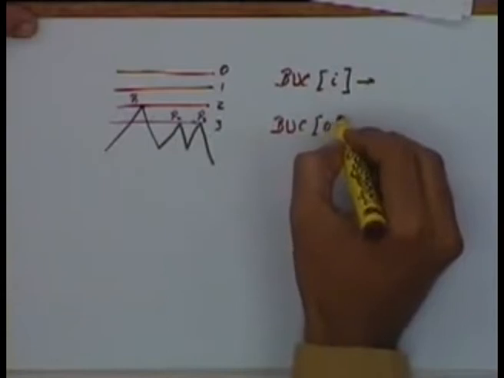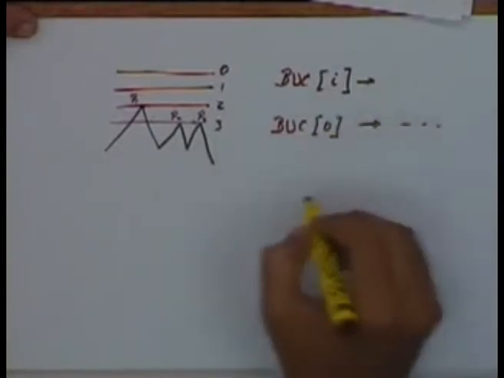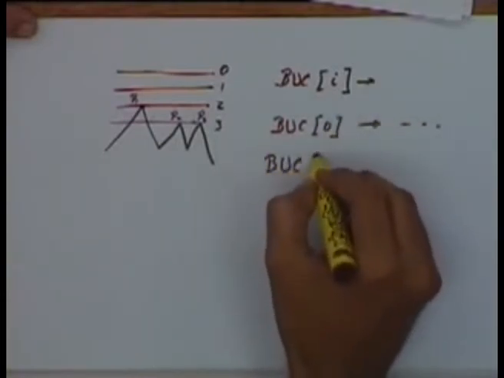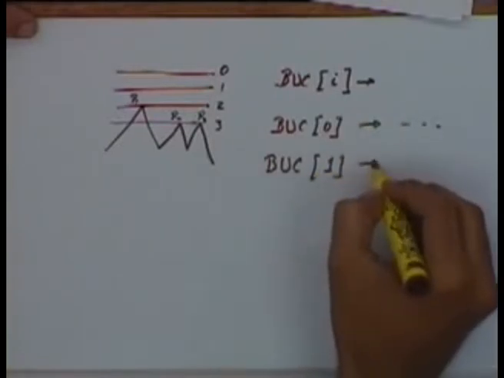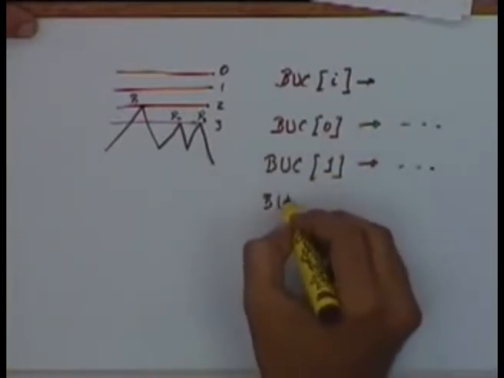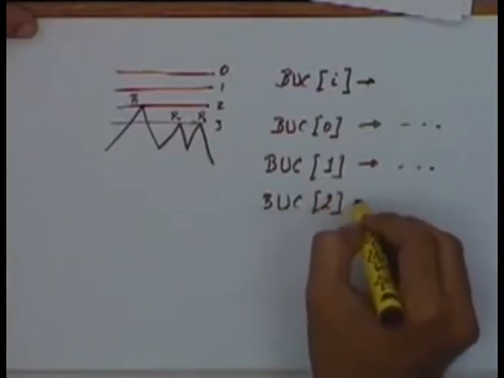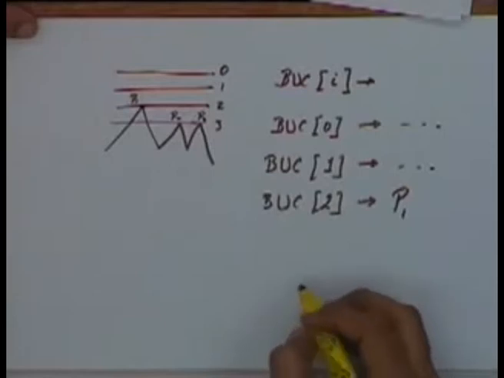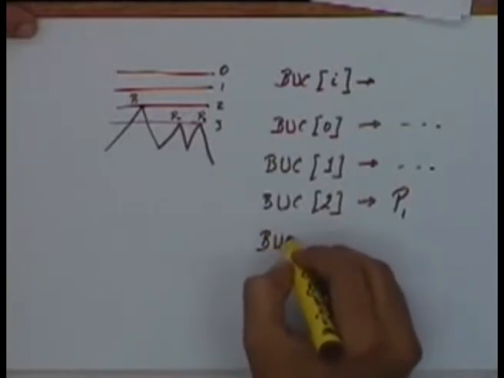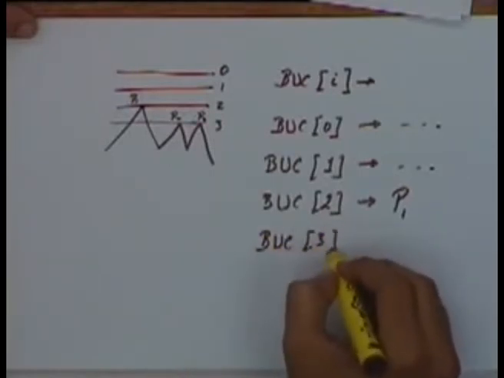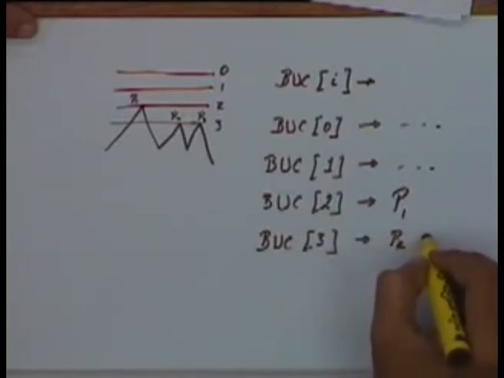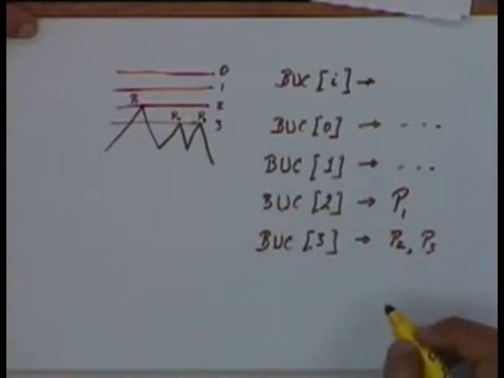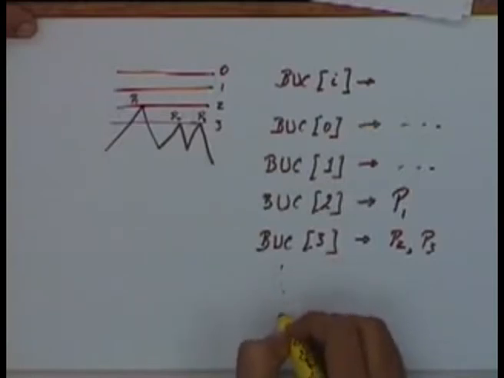What we want is bucket of 0 should be empty, bucket of 1 should also be empty, bucket of 2 would contain one vertex, which is P1, bucket of 3 would contain two vertices, P2 and P3, and so on.